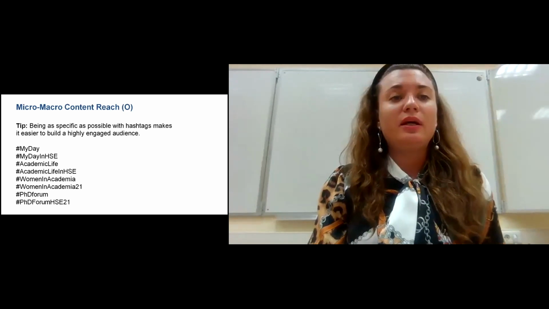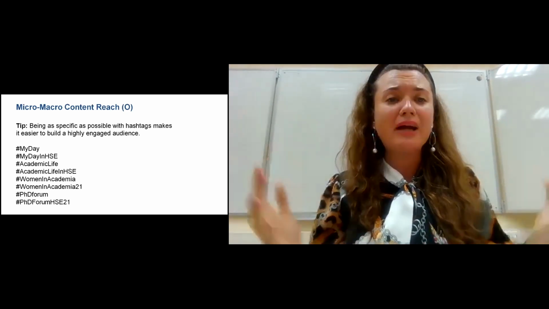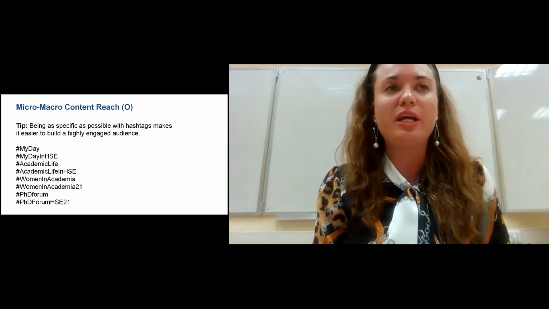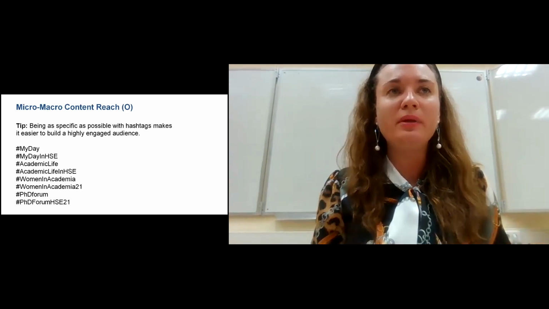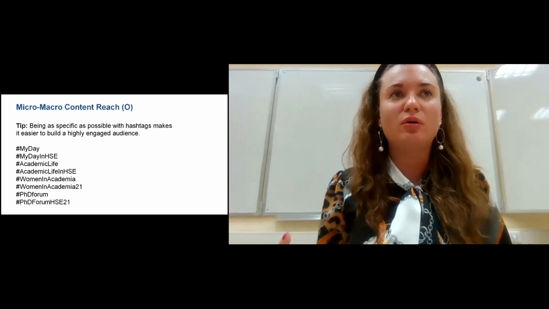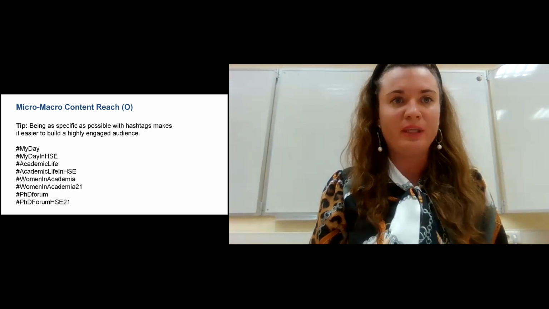There can be macro and micro content reach. Macro content reach usually involves something in general, and something that is common and can attract a lot of attention, or cannot attract any attention at all.